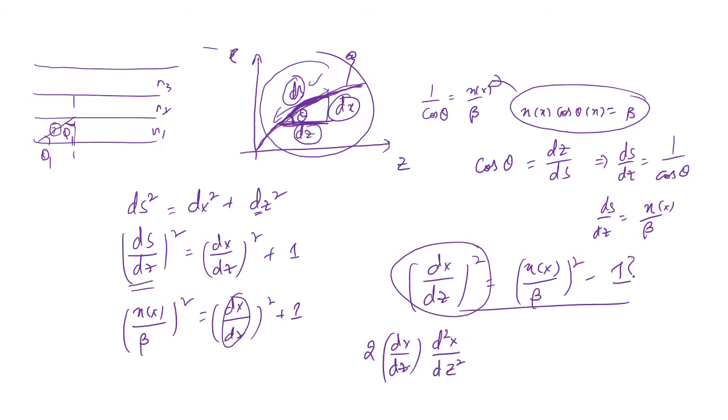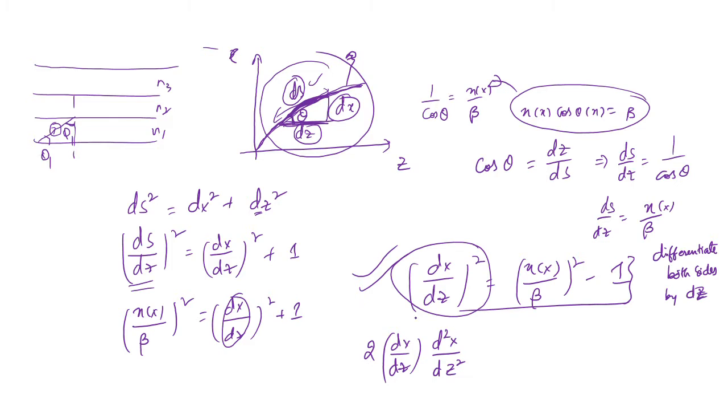I'm differentiating both sides by dz. This is just to make the equation look more convenient. This equation is all well and good, there's nothing wrong with it. We're just performing some mathematical manipulations to make it a little more beautiful.